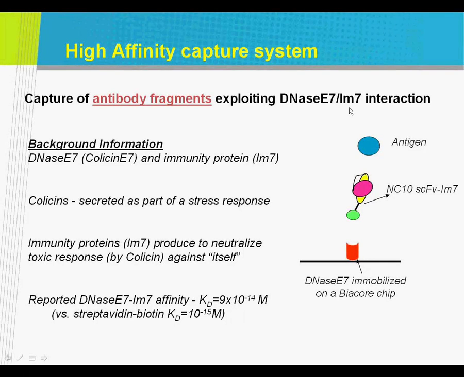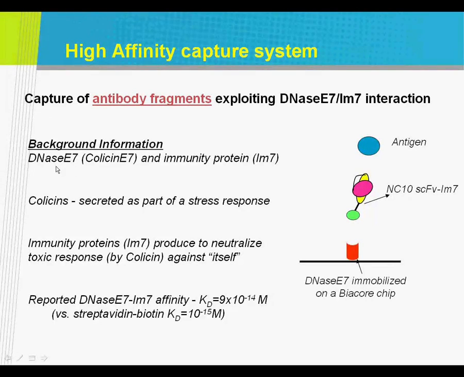However, this DNase E7 is fairly non-specific, so in order to prevent self-digestion, the bacterium will at the same time produce the immunity 7 protein that will bind to this colicin E7 and block the action of the DNase E7. And it's secreted as a complex, and when it gets inside the competing bacteria, it's somehow dissociated. That process is not very well understood.